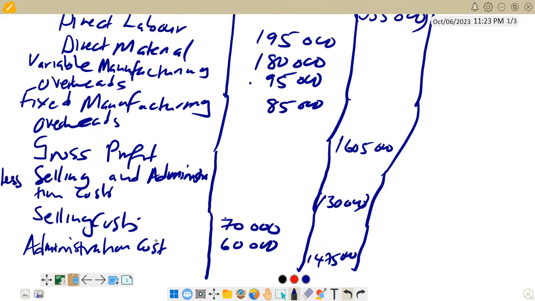So the figure that you get there is the net profit. This is our final answer for net profit, 1,475,000. So that's what we have on question 5 from the June 2023 question paper.